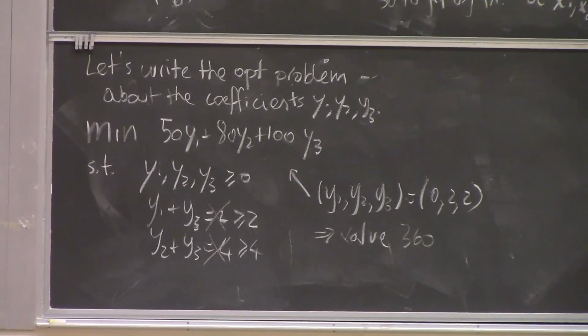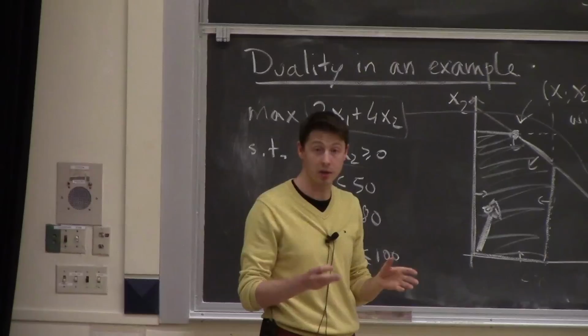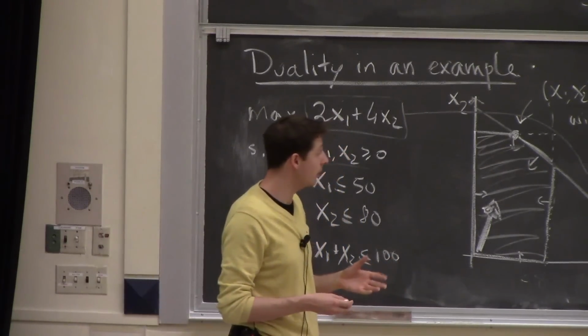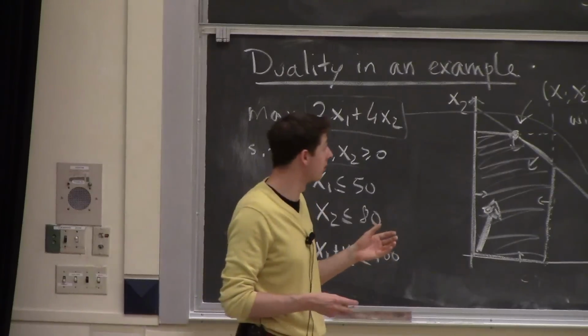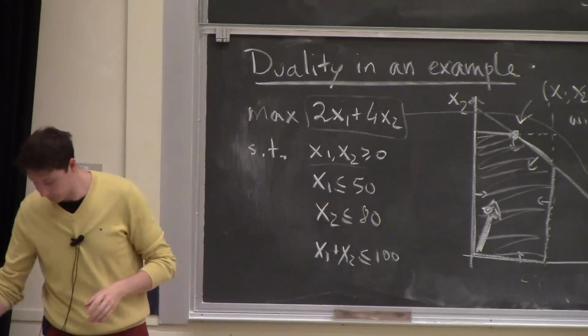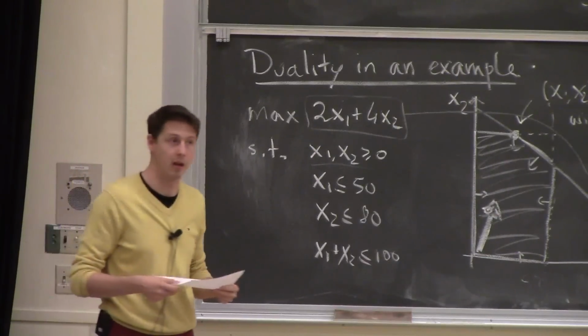Okay, so now we're going to attempt to derive what happens in the general case. I give you a general linear program, and I want to derive, for a general case, its dual. It's going to involve some notation, so you really need to be comfortable with this example. I hope it makes sense.